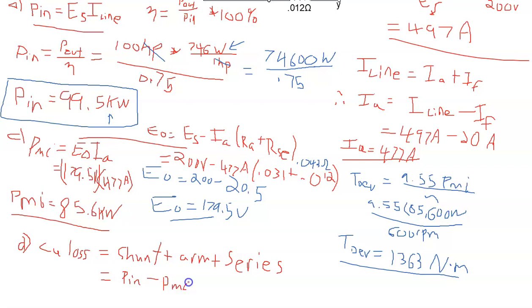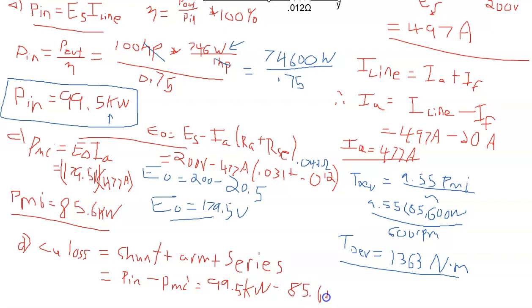So it's a little bit faster and easier for us to say that Pn was 99.5 kilowatts, subtract PMI, which was 85.6 kilowatts.